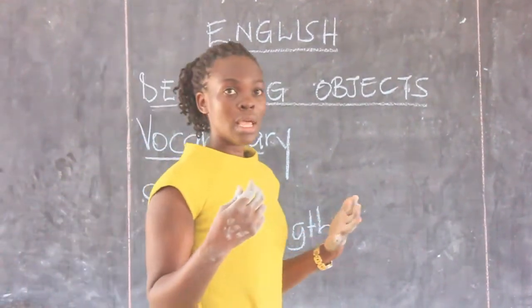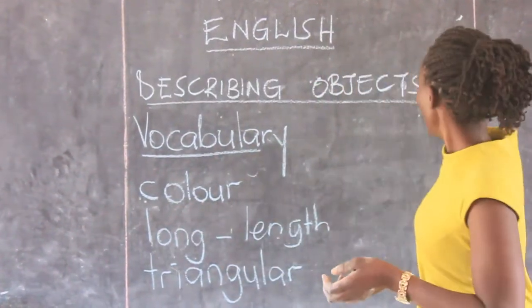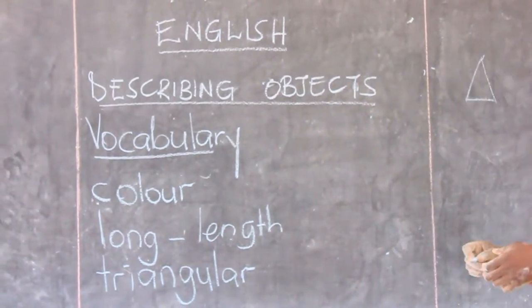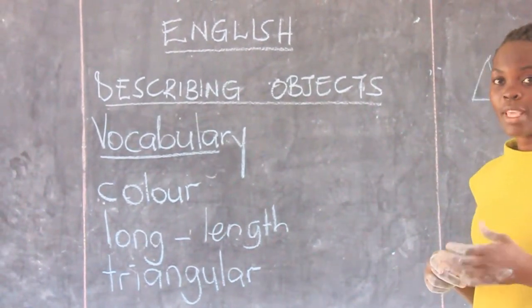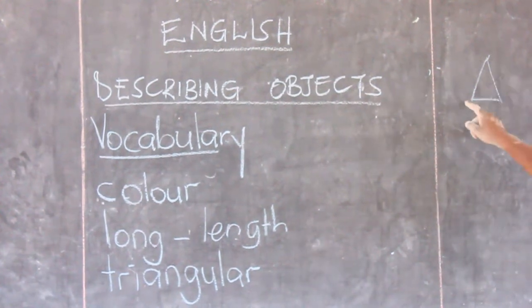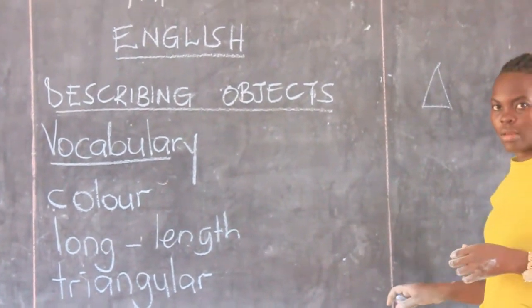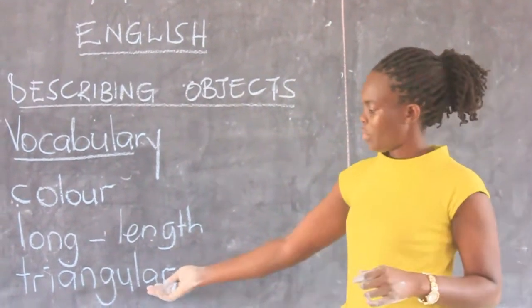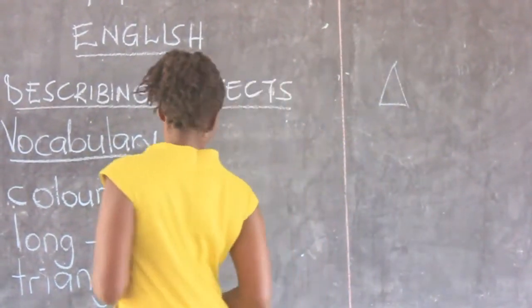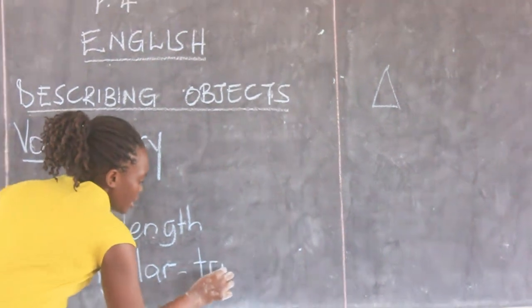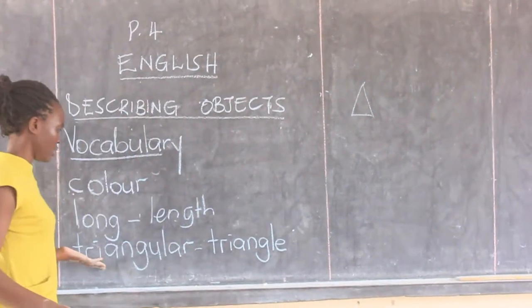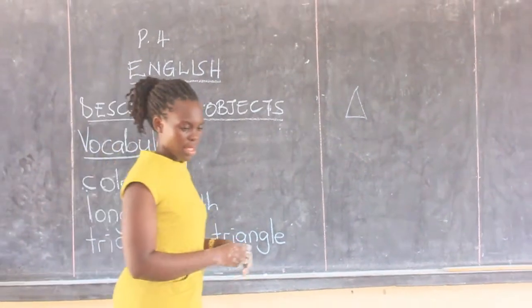When something is in a triangular shape, it will have this shape. Have you eaten a samosa before? Yeah, when you look at it, it has got 3 points here. 1, 2, 3. So that is triangular shape. Coming from the word triangle. And the spelling of triangle is here. So when you're describing objects, you can use that word.